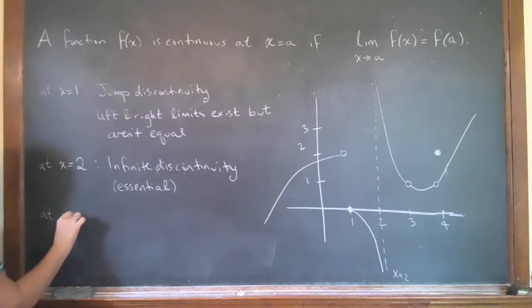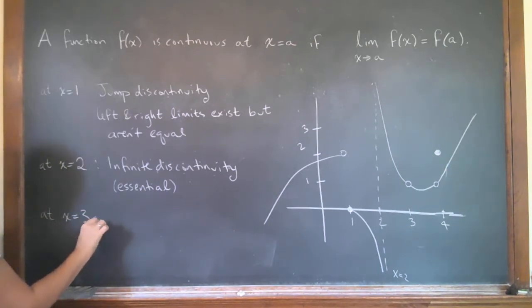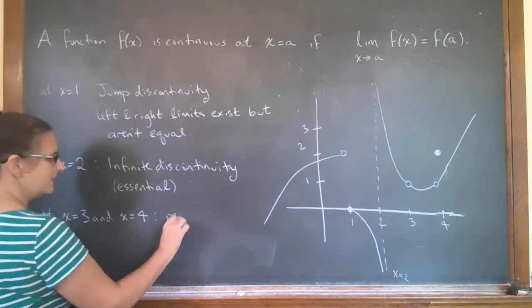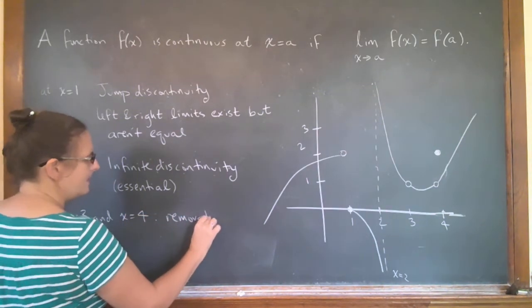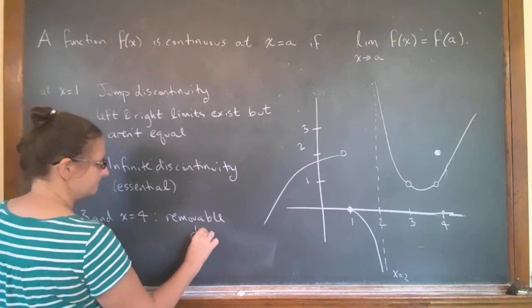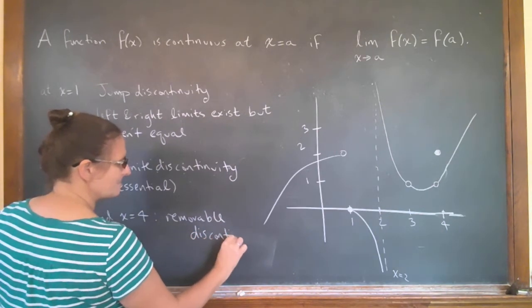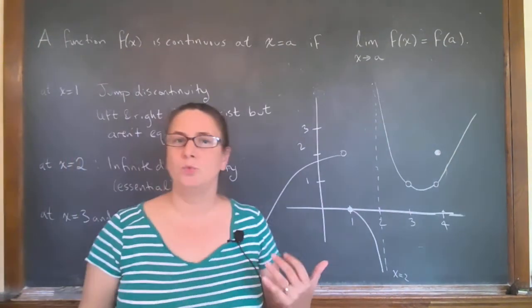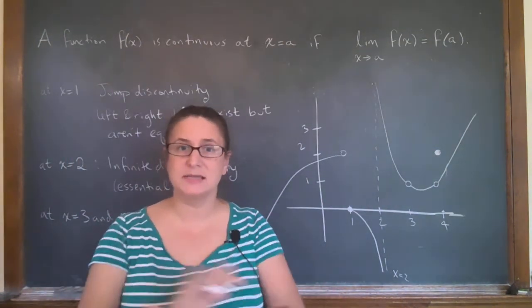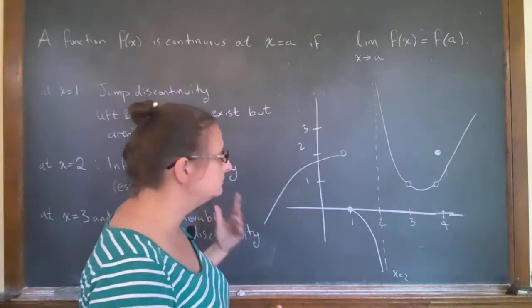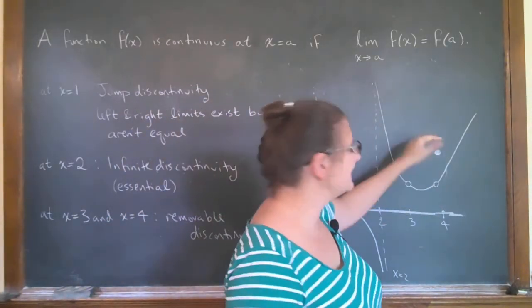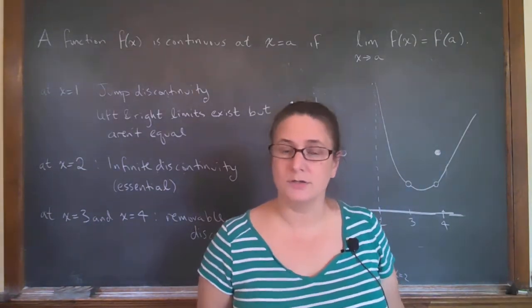And then the others, this is called a removable discontinuity. And it's called removable because we can redefine the function to be the same everywhere except that one point, and then you would eliminate that discontinuity, right?